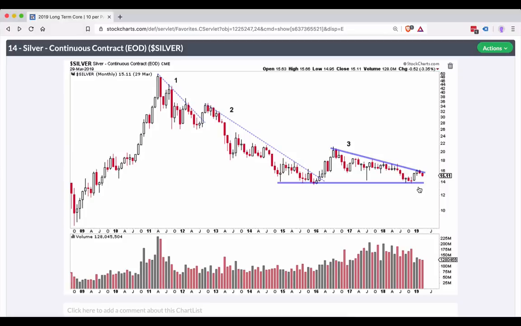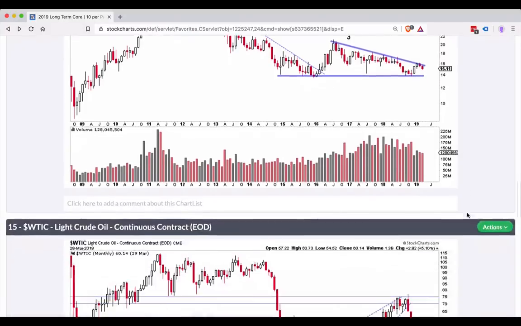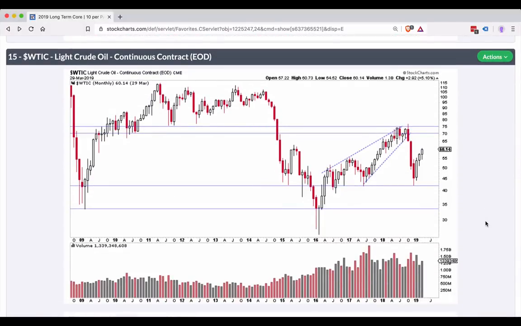But for now, we're still wedged in between this just under $14 support and then this trend line, which is coming down around that $16 area. That's still the compression point that we want to pay attention to, and things are getting tight. So just like gold, in the coming months, maybe a year, we'll get some type of resolve here for a bigger move. Last but not least, we have energy here.